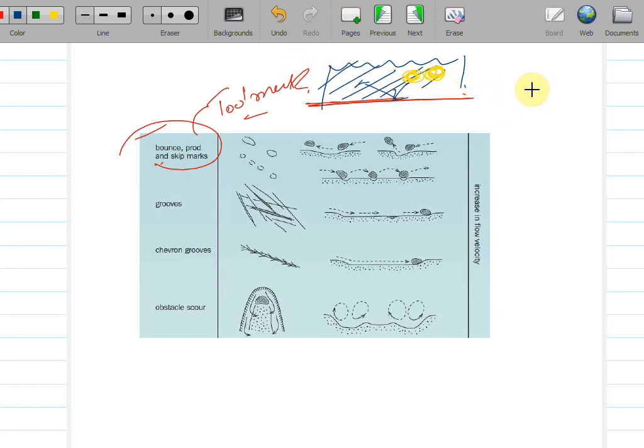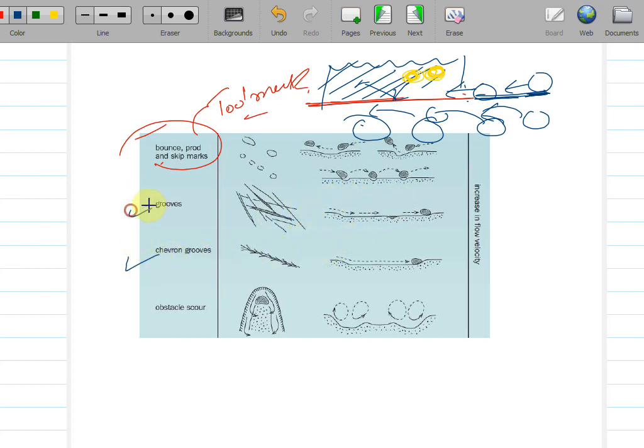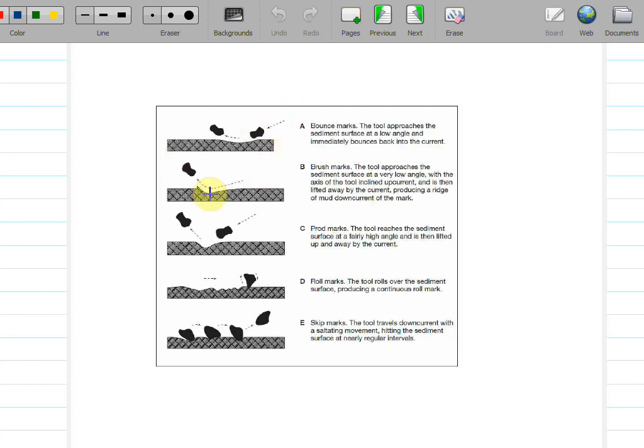Sometimes they will just scrape the top of the bed, like this, if it is heavy. And sometimes they will move in this fashion, like saltation fashion. Okay, it will move in this manner. So whatever marks are formed on the bed because of these, we call them tool marks. So chevron, grooves, skip marks, these are basically your types of tool marks, okay.